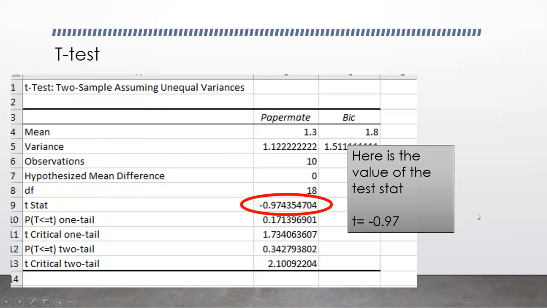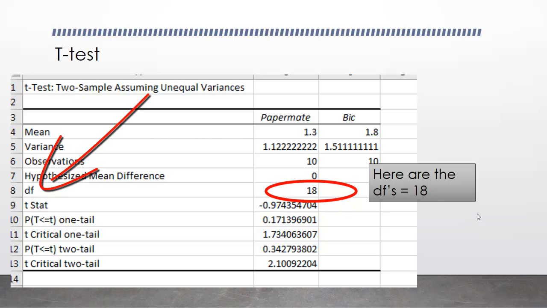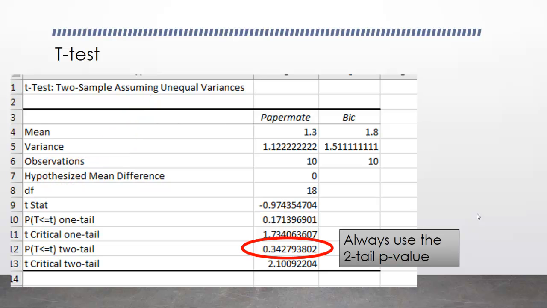And so the value of our test stat is negative 0.97. If you look here, it's labeled DF. Those are our degrees of freedom, which is 18. And then here is our p-value. And remember, if you have a choice, always pick the two-tail p-value. It's more conservative. It's better from a philosophical standpoint. So that's the one I want you to use.